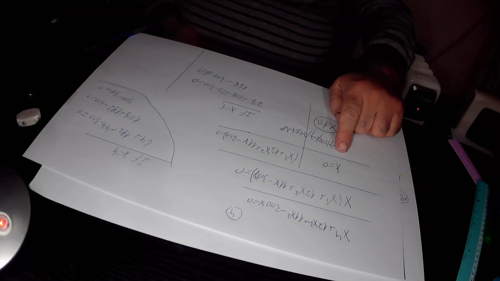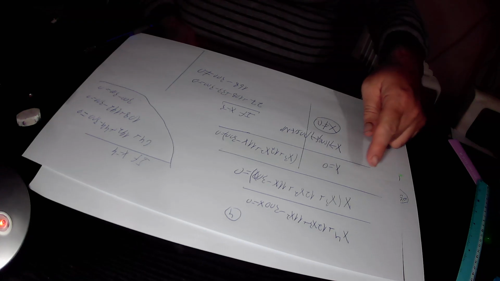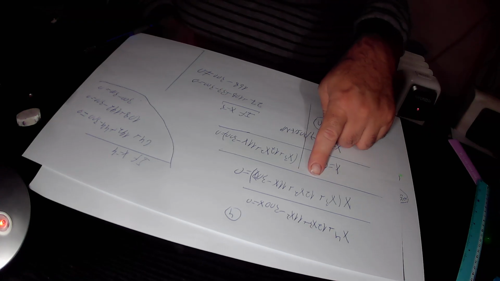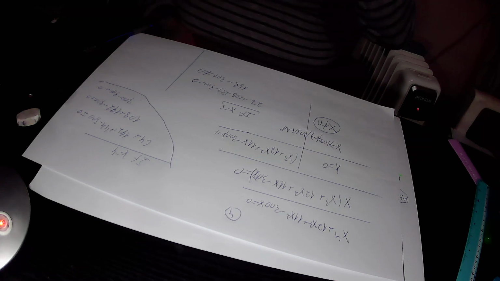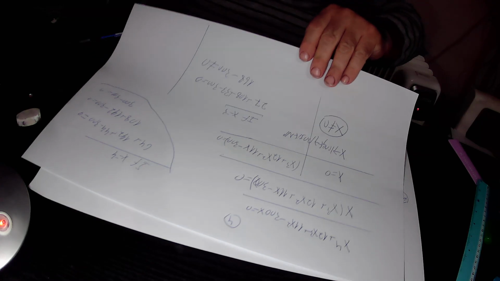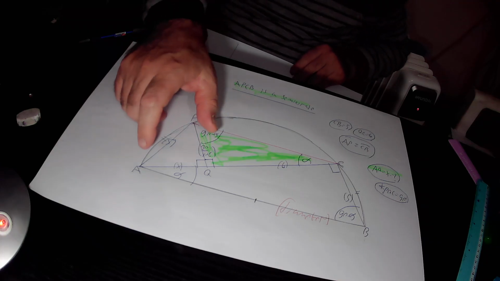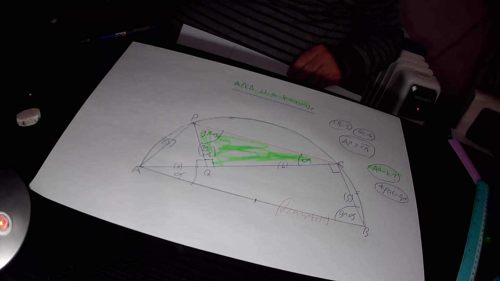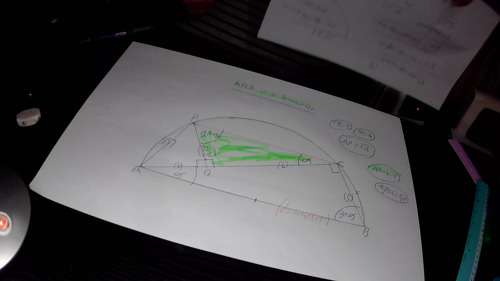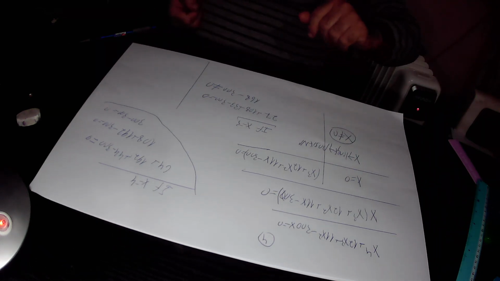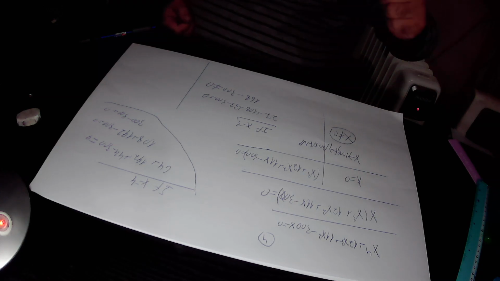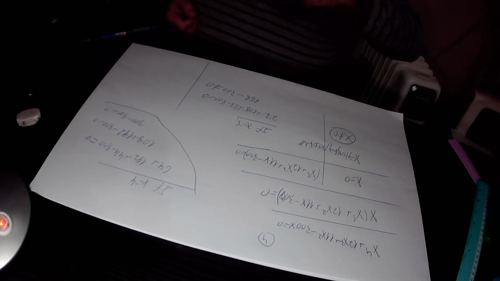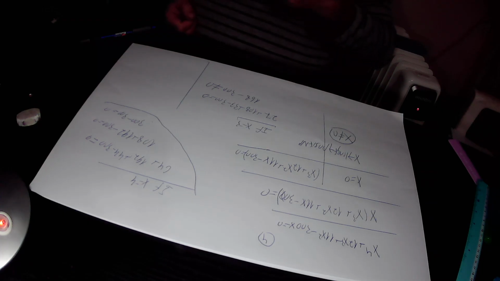If x equals 0, then this expression will be 0 times anything, which is 0, so 0 equals 0. But the problem is that x can never be equal to 0, because x is the length of this line segment AQ. As x is a length, it must be a positive number. So the possibility that x equals 0 is incorrect because x is a length and it can never be 0.